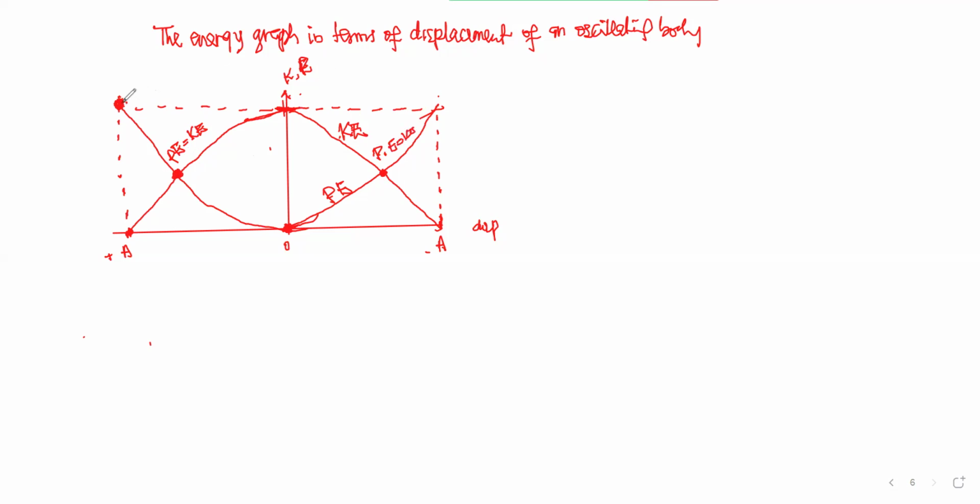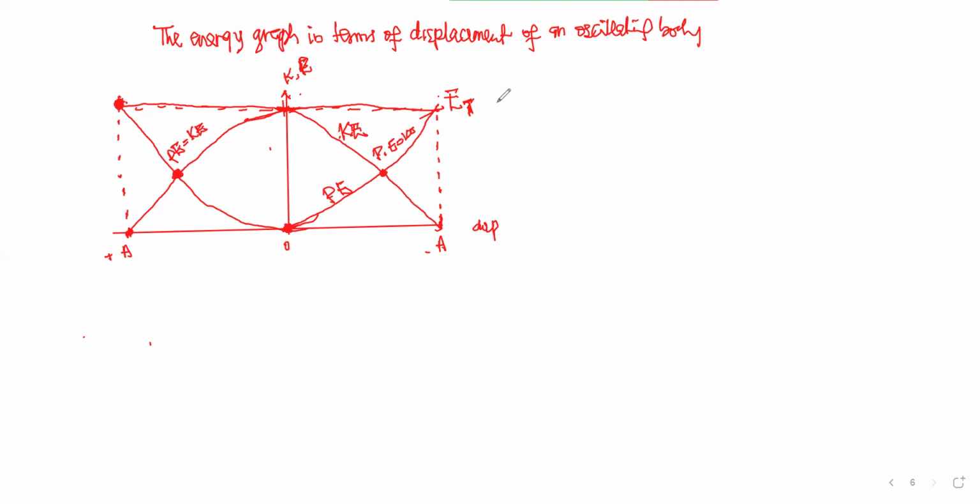A line joining the two graphs indicates the total energy possessed by the body, the mechanical energy ET. So this is the energy graph with respect to displacement.